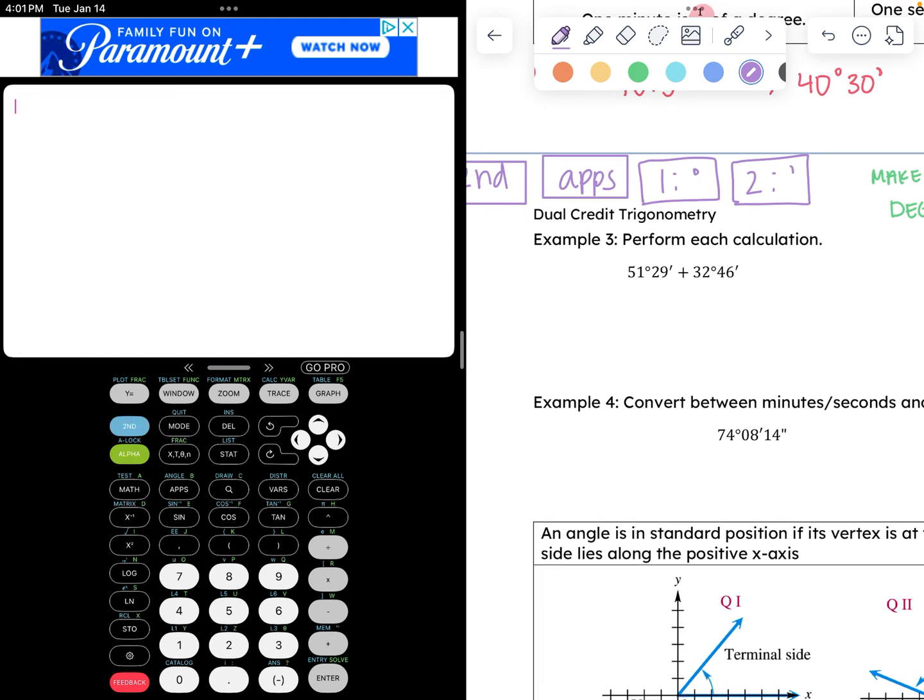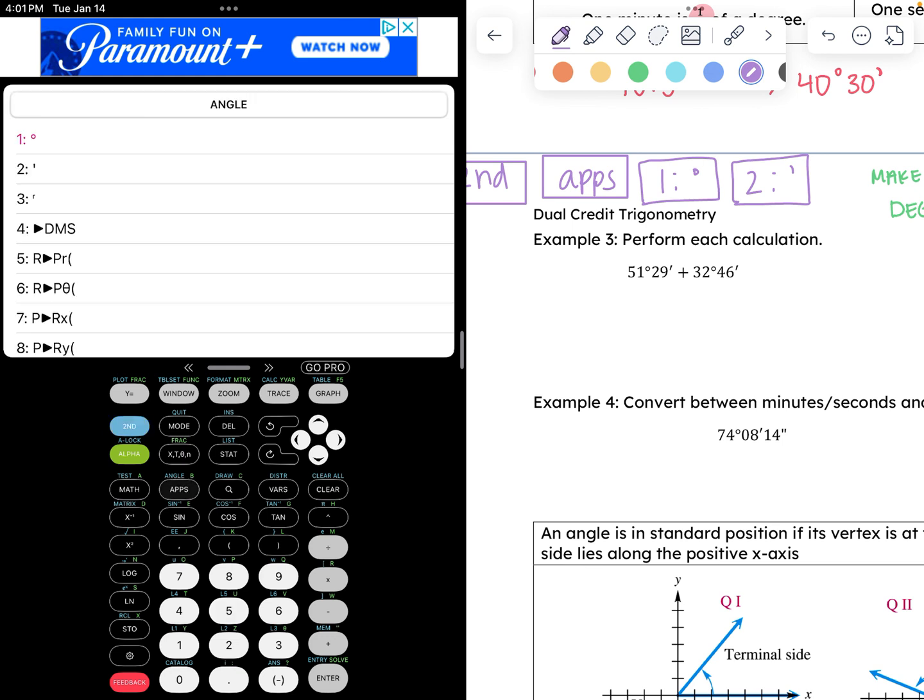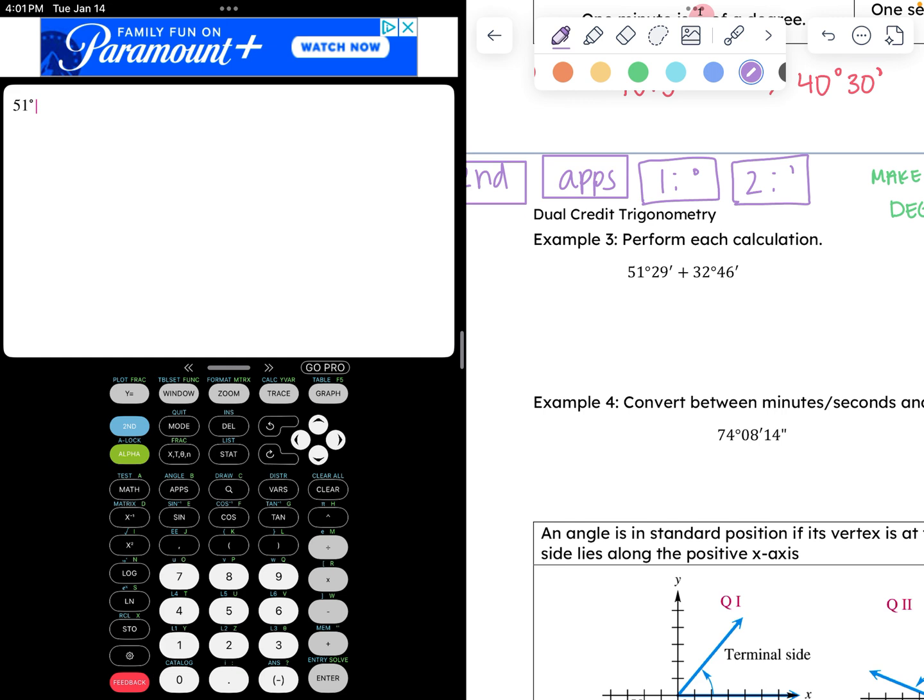So I'm going to type in 51 and then second apps 1 to get the degree sign, and 29 second apps 2 to get the minute sign, plus 32 second apps 1 and 46 second apps 2.